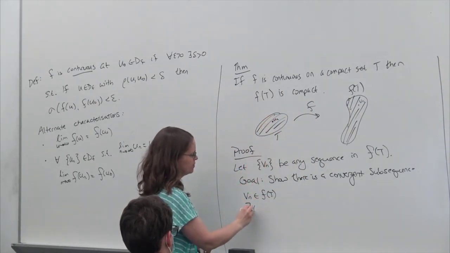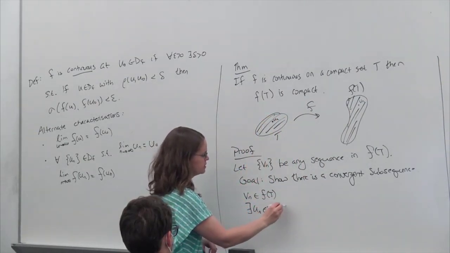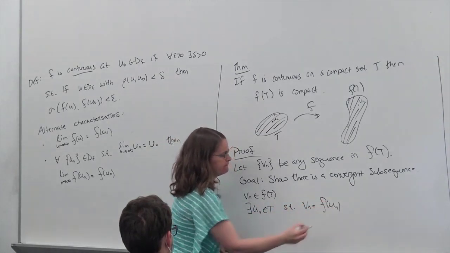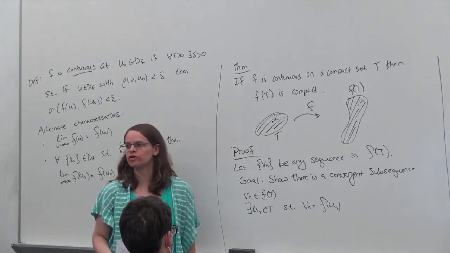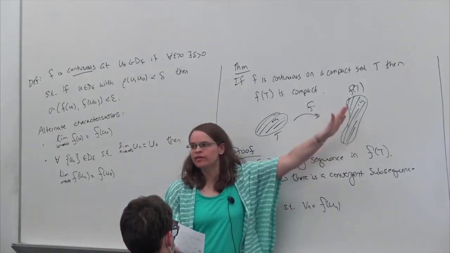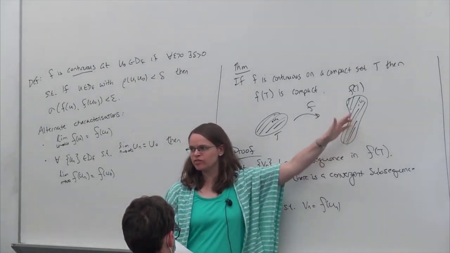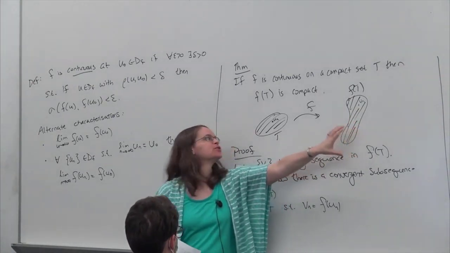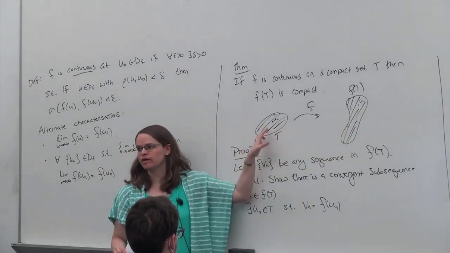So there exists some U_n in T such that V_n equals f of U_n. Okay, so I started with a sequence over here. This is the sequence I care about. This is the sequence I want to prove something about. But corresponding to the sequence, there's another sequence that lives over here.